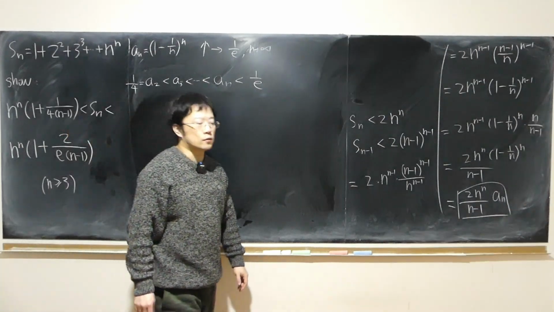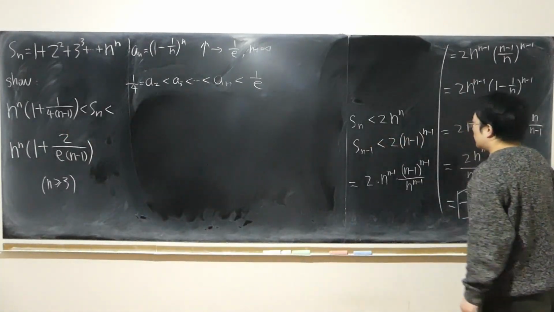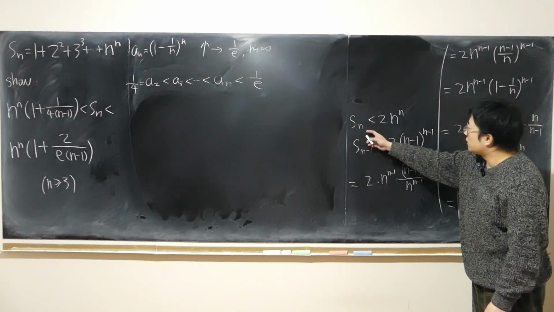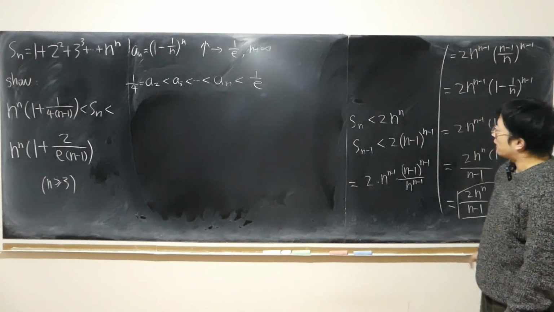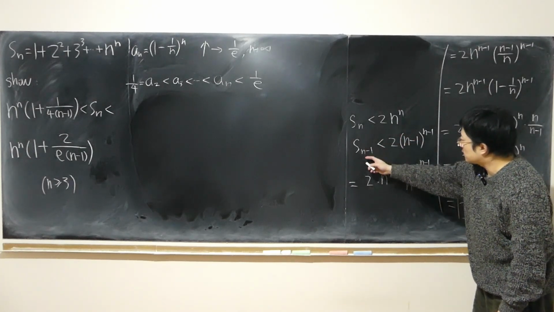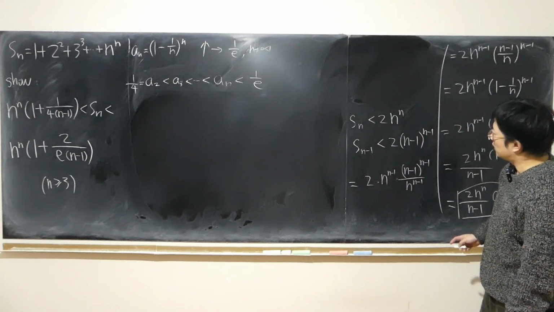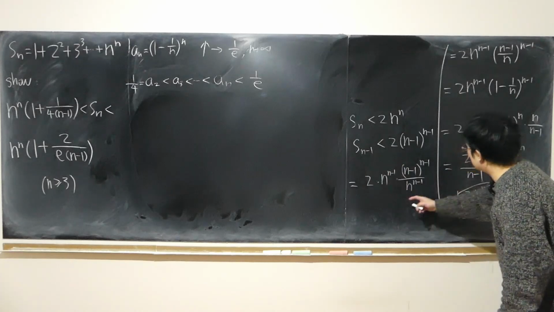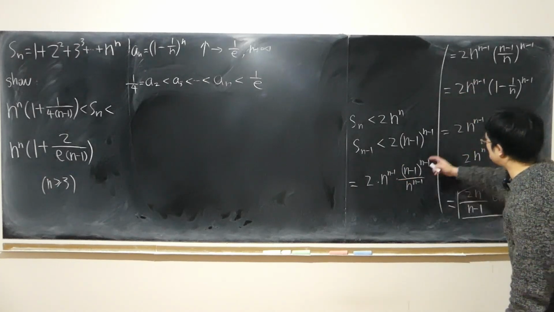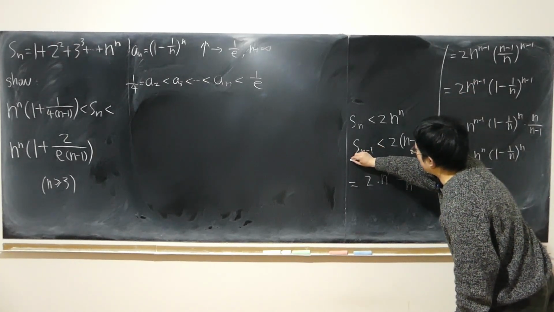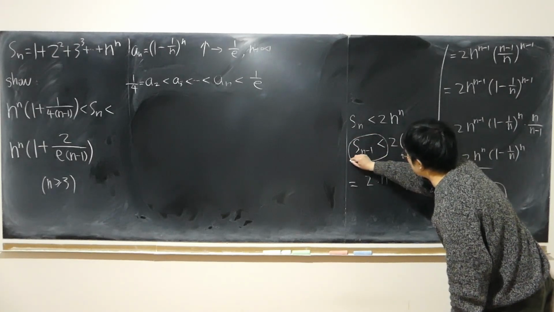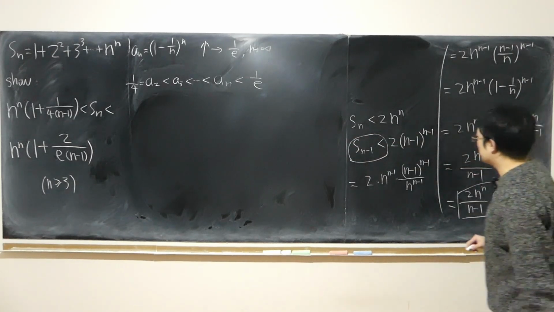So far, like I said, first I proved Sn is less than 2 times n to the power of n. Same logic: Sn minus 1 less than 2 times n minus 1 to the power of n minus 1. So that equals that. So actually Sn minus 1 is less than this, right?